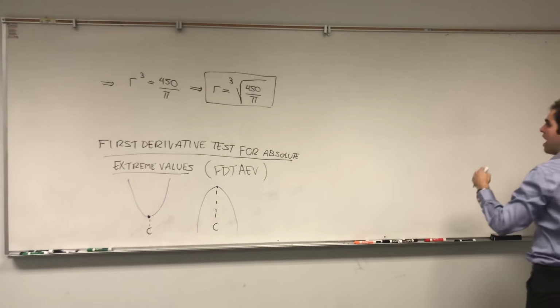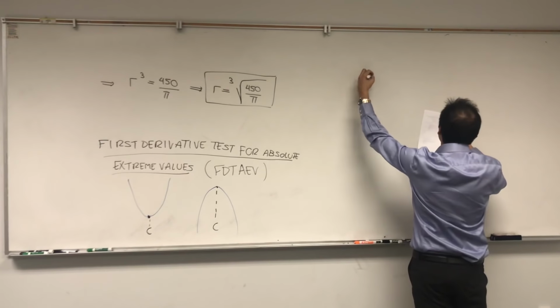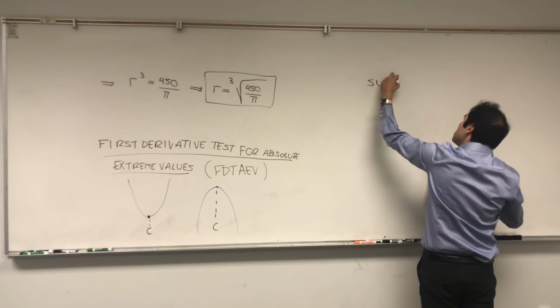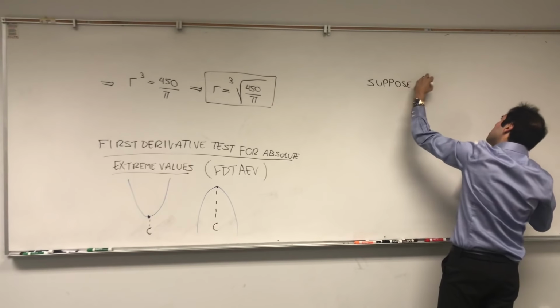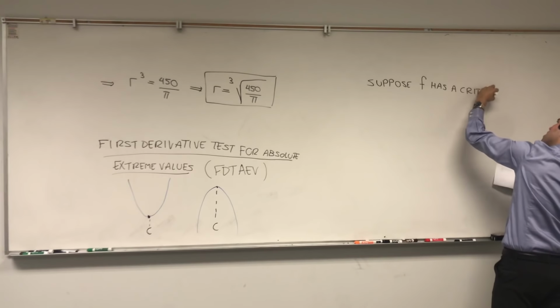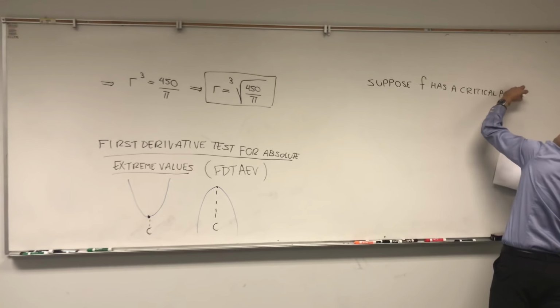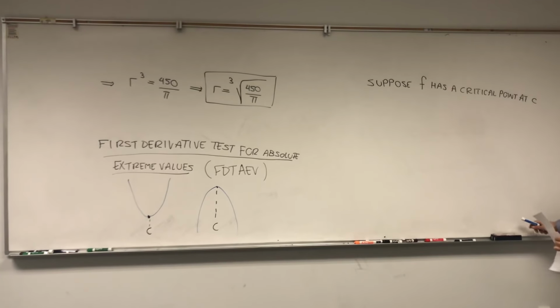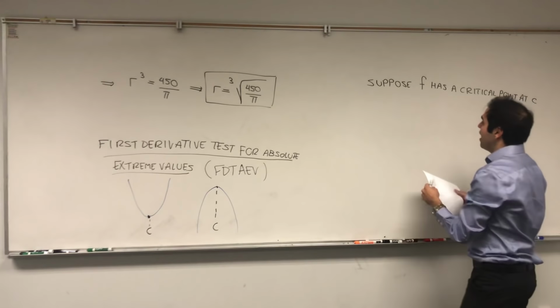So suppose f has a critical point at c, meaning that either f prime of c is 0 or f prime doesn't exist at c.